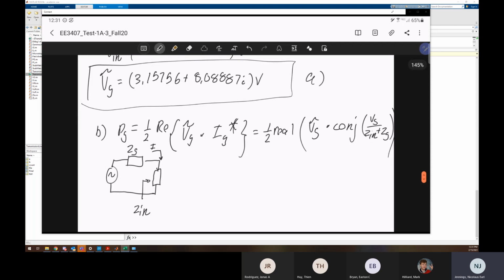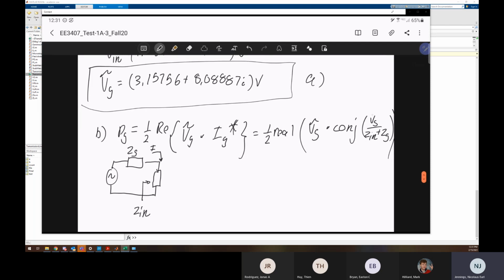I'll zoom in on that. This will take care of the conjugate of everything inside of that. And this right here is equivalent to your current IG, and then the conjugate makes it the conjugate of IG.